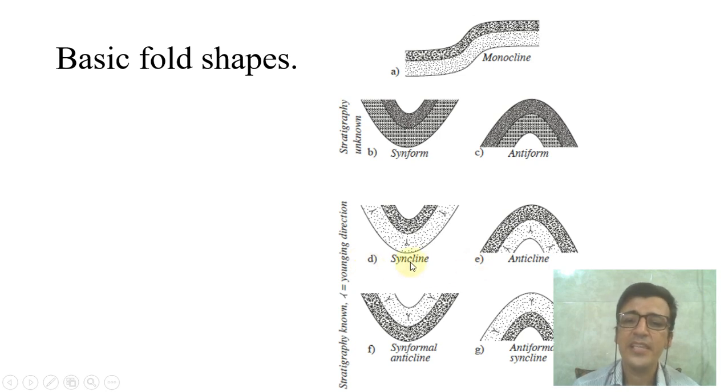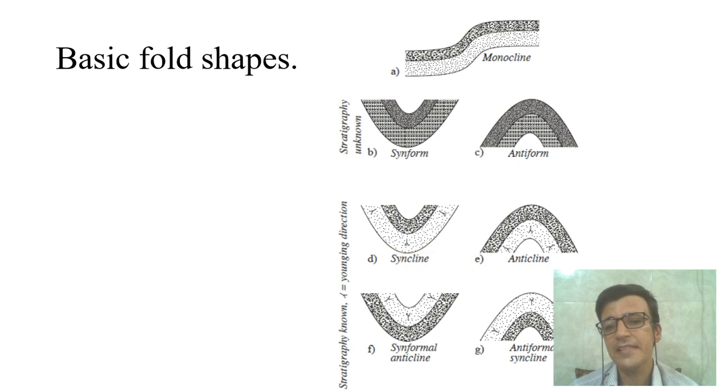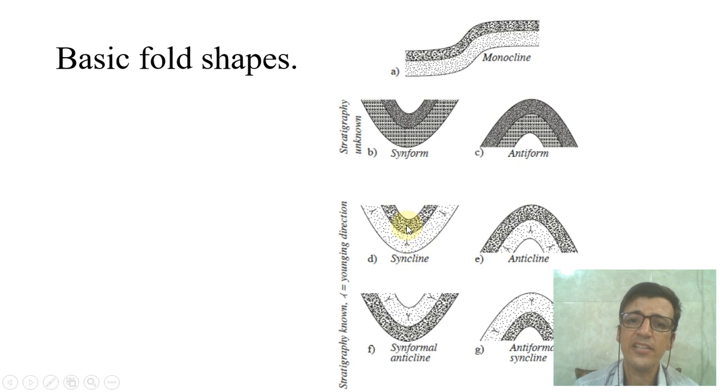And what about D and E? Okay, in this type we have stratigraphic age, and we know which layer is older and which layer is younger. Here the younger layer is up, and the older layer is down.